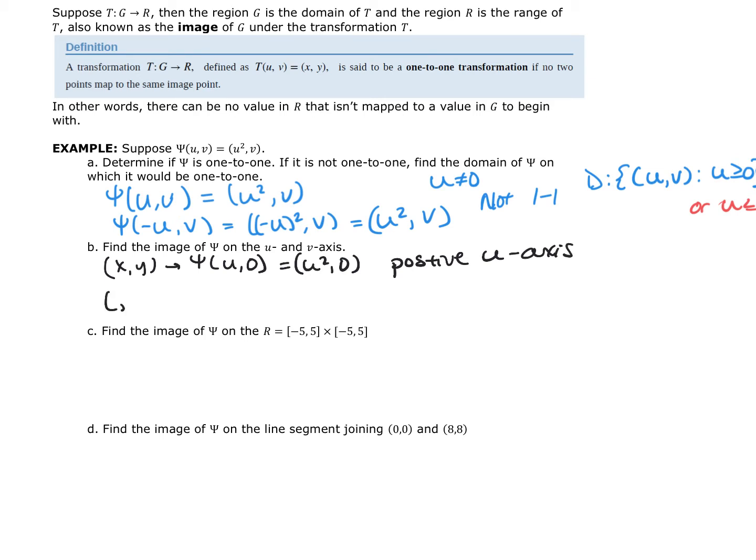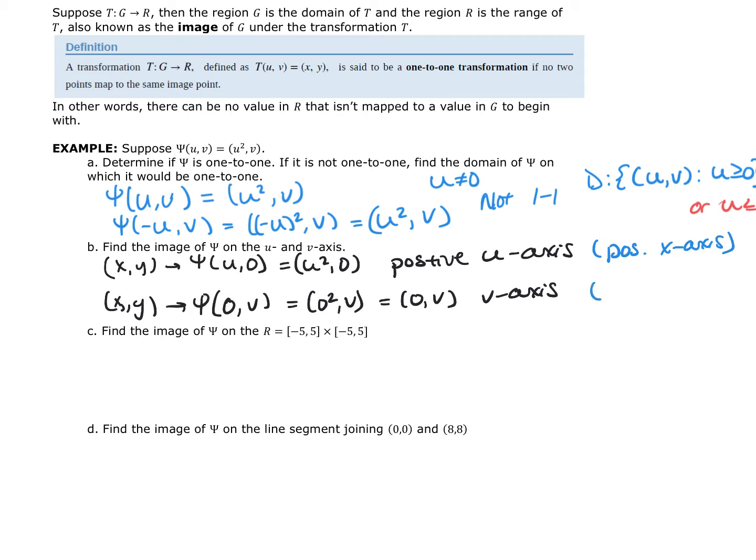Now if I look at what this would look like on the v-axis, it would be (0, v). So this would be (0 squared, v), which is just (0, v). So this would just be the v-axis, and it would be all of it. Similarly, the image is the positive x-axis, and this would be all of the y-axis.